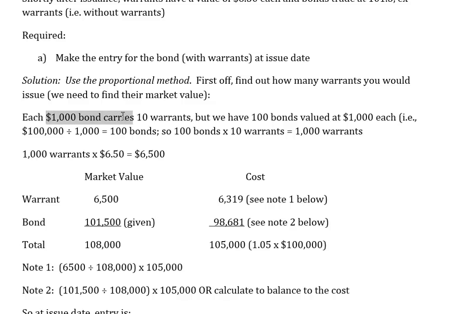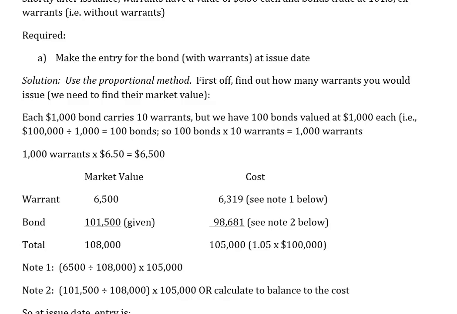Each $1,000 bond carries 10 warrants, but we have 100 bonds valued at $1,000 each. How do I know that? Well, we have $100,000 in bonds, and we have our bonds in denominations of $1,000. So that means I have 100 bonds at 10 warrants, right?